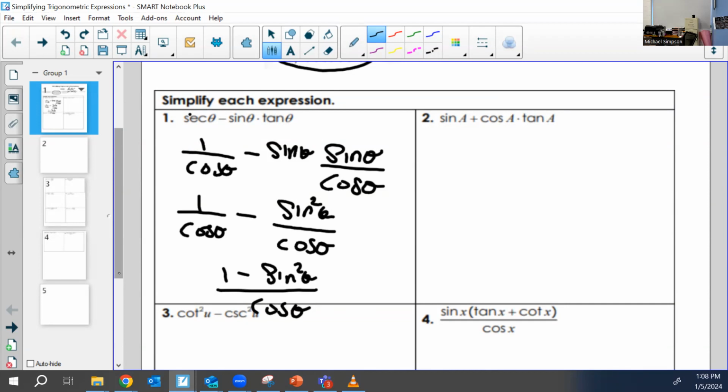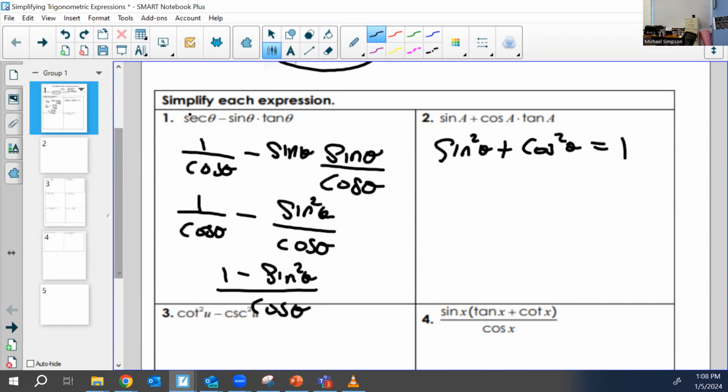If you look at your book, the identity is sine squared theta plus cosine squared theta equals 1.